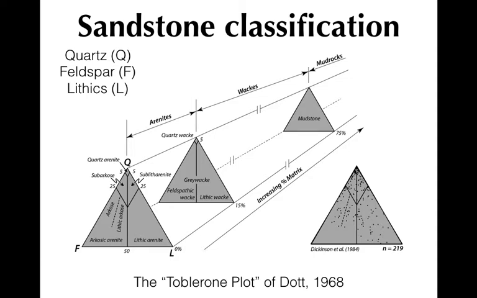Quartz is the most stable to weathering. Feldspar is variably stable, but the most abundant mineral in primary igneous continental crust. And rock fragments have varying degrees of stability depending on their composition. And the clay minerals that form most of the mud are a product of weathering.